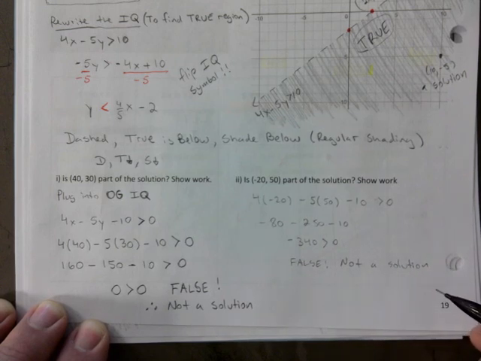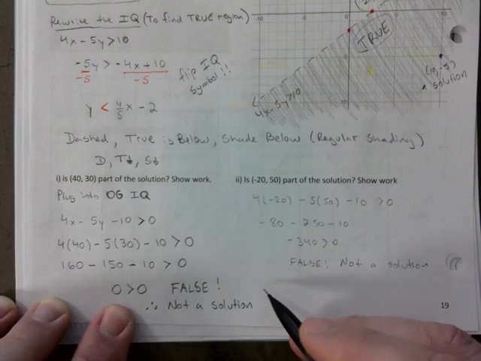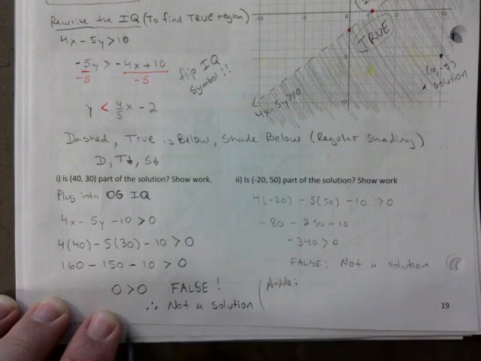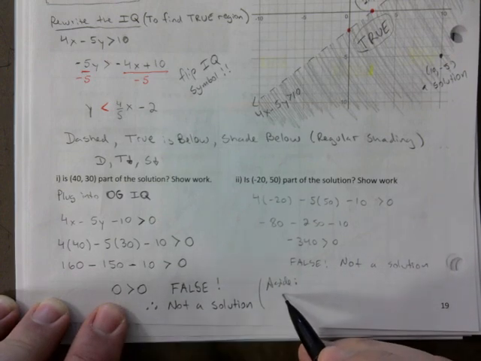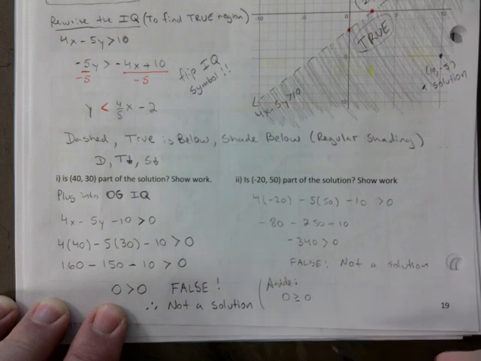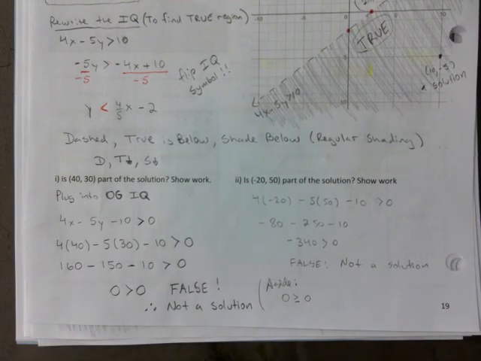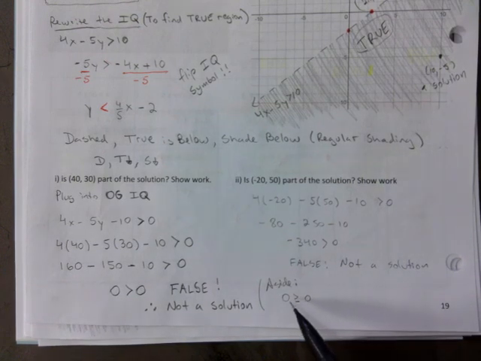Okay. I'm just going to put in a little note on the side here. If you would have ended up with 0 is greater than or equal to 0, would that have been true? If you had 0 is greater than or equal to 0, it is true because of the or.